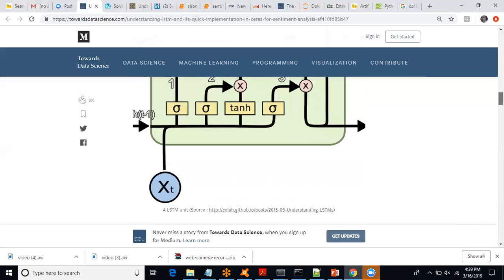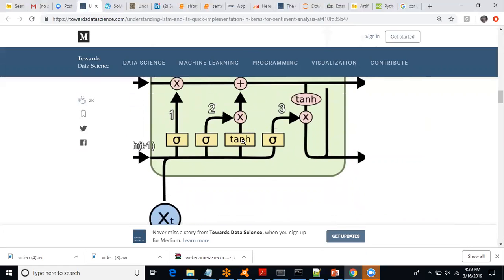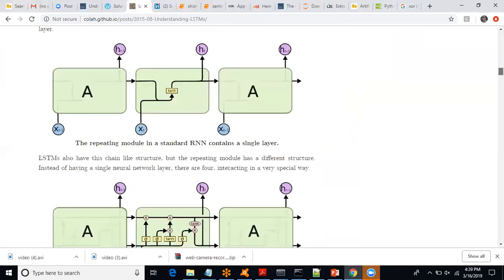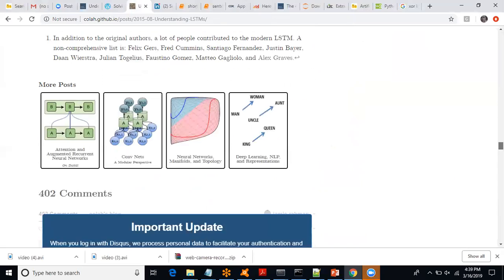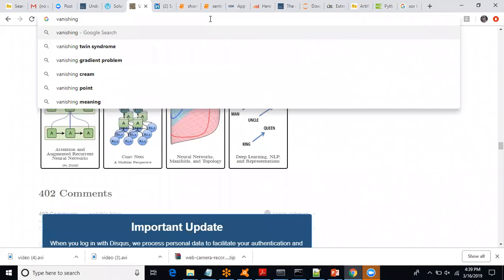So what do the many things do? Sigmoid and tanh. Tanh helps with the vanishing gradient problem, vanishing gradient.